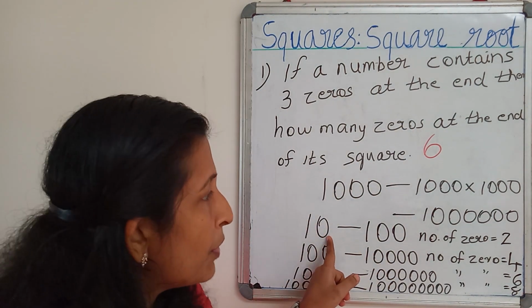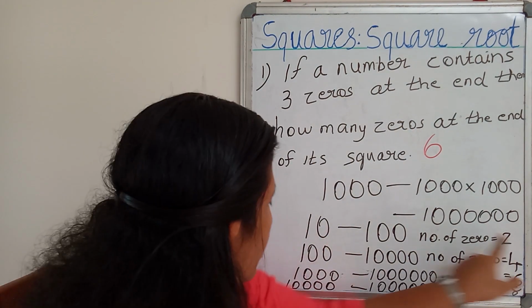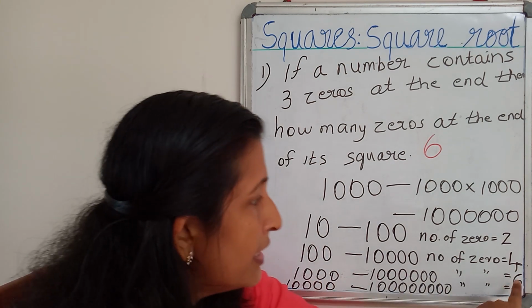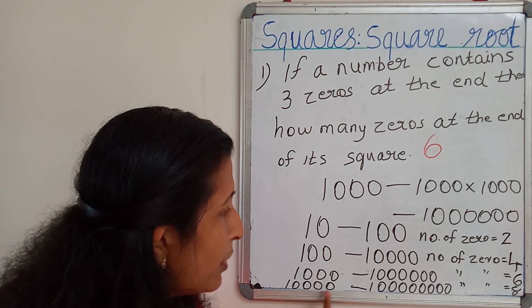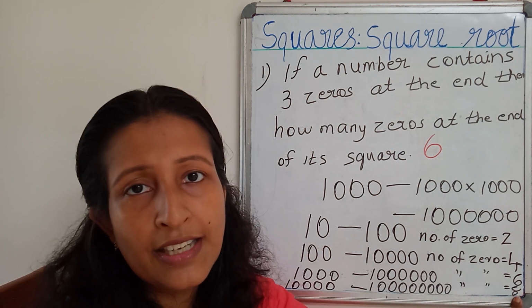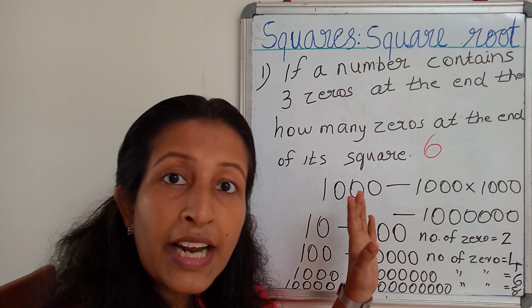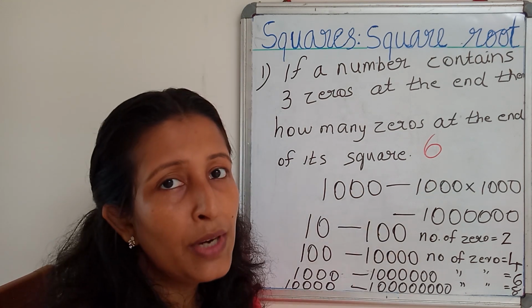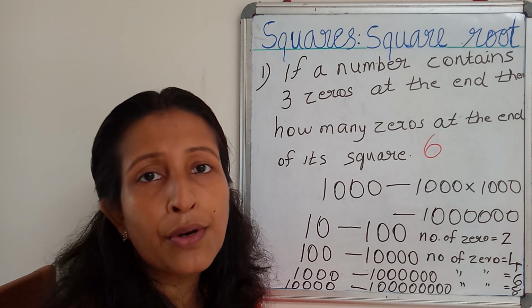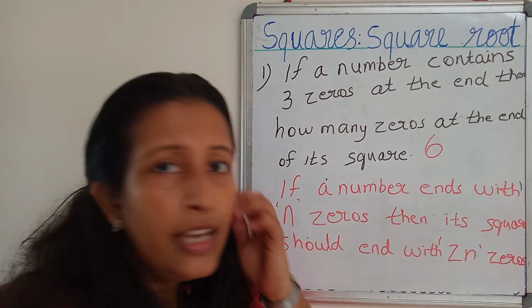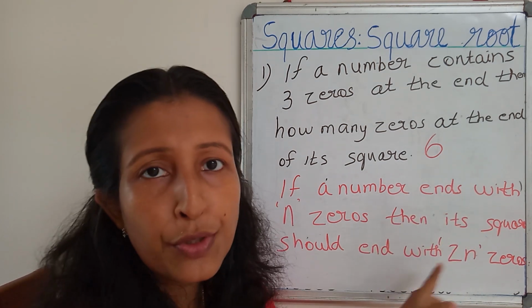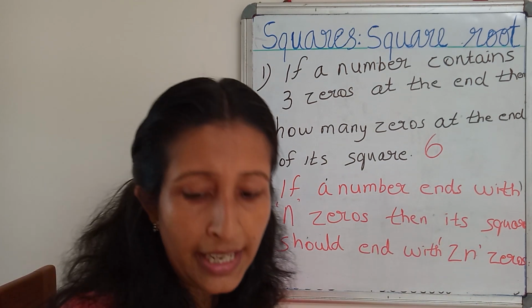If the number of zeros is 1, then it is 2. 2 zeros are there, then it is 4. 3 zeros, 6. If there are 4 zeros, then 8. That means if there are n zeros at the end of a number, then you will get 2n zeros in its square number. If you are getting a big number, then this rule will help you to find out how many zeros are there in its square.